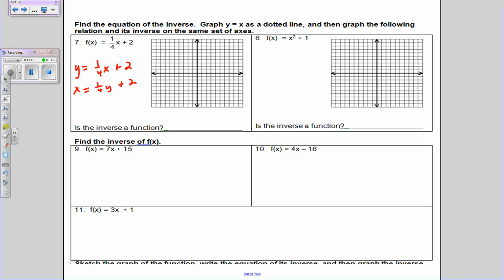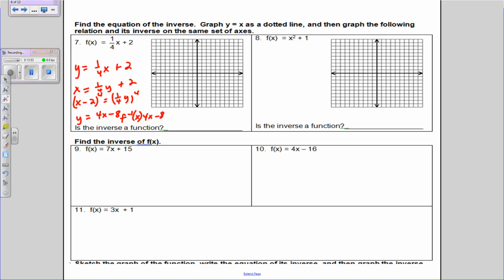Then I'm going to move the 2 so it becomes minus 2, x minus 2 equals 1/4 y. Now to get rid of 1/4, we're going to multiply both sides by 4. And then I'm going to rewrite it with y in front. So y is equal to 4x minus 8. So your f negative 1 of x is equal to 4x minus 8.